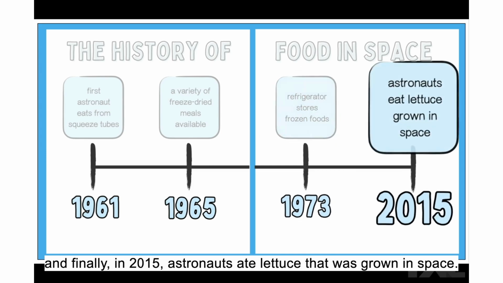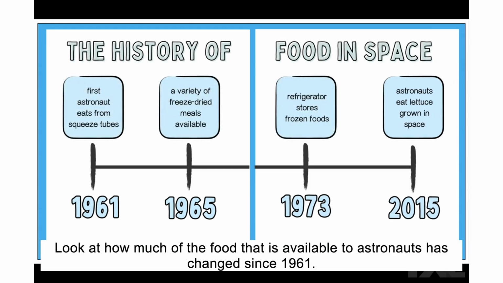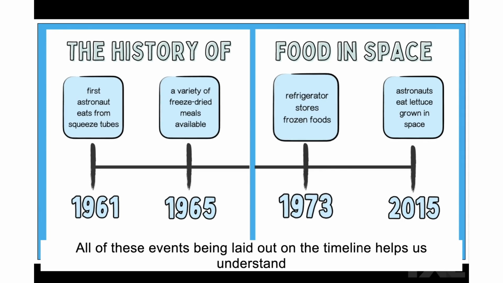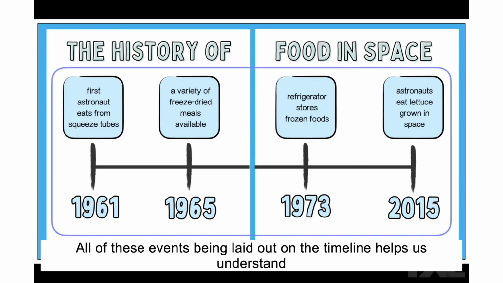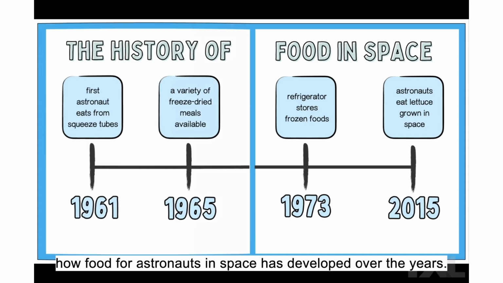And finally, in 2015, astronauts ate lettuce that was grown in space. Wow, look at how much the food that is available to astronauts has changed since 1961. All of these events being laid out on the timeline helps us understand how food for astronauts in space has developed over the years.